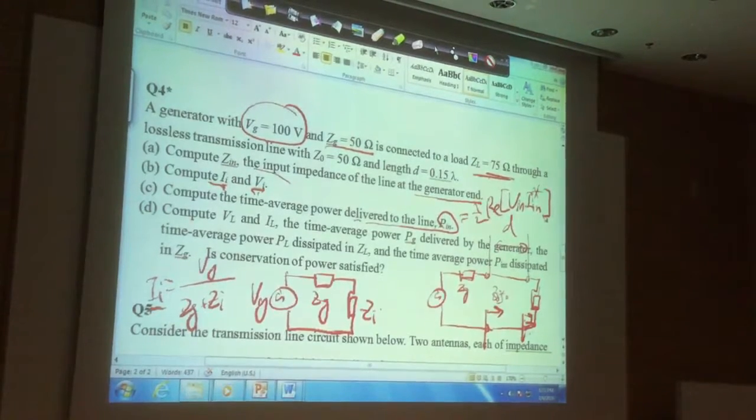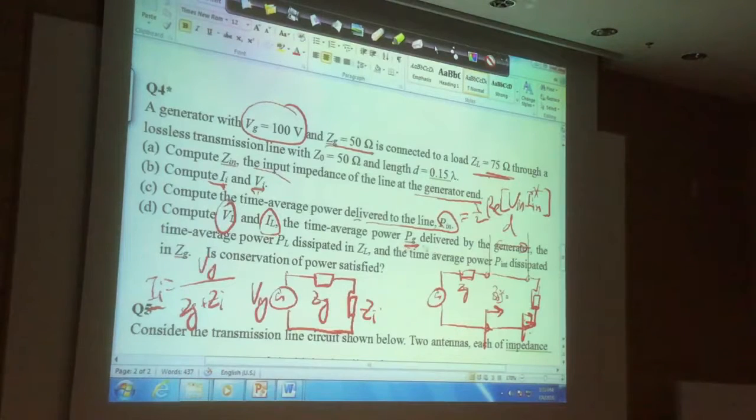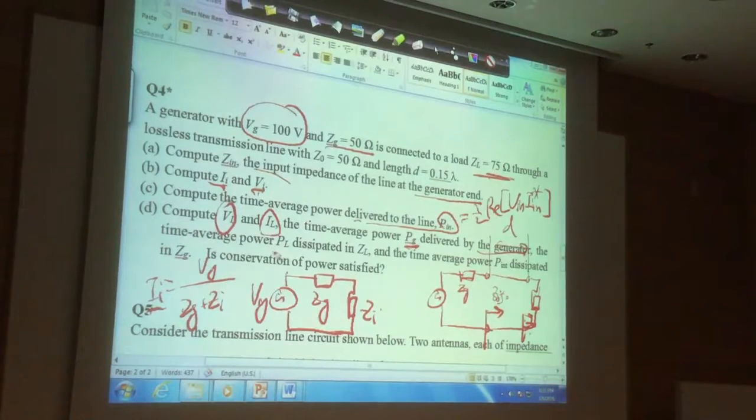Then compute the load voltage and the current at the load, and the time average power PG delivered by the generator, the time average power dissipated in load, time average power dissipated in ZG, is conservation of power satisfied.